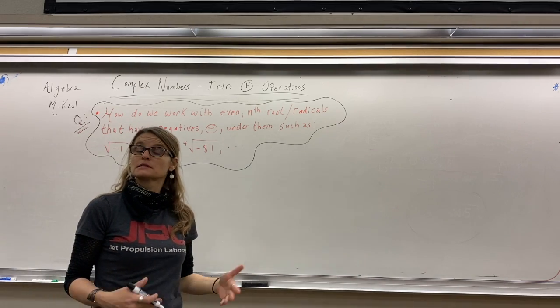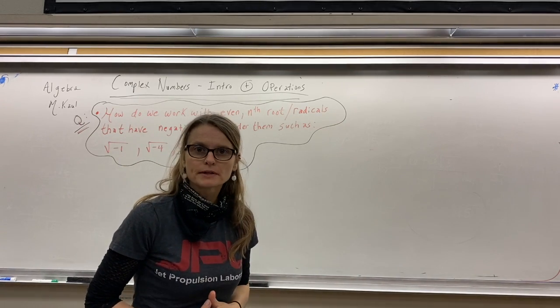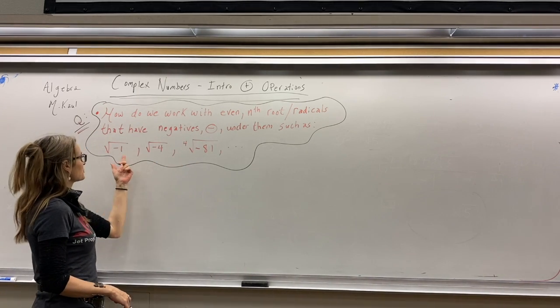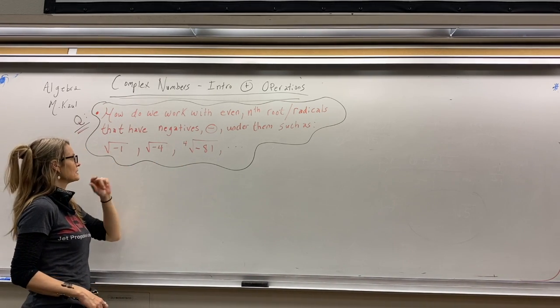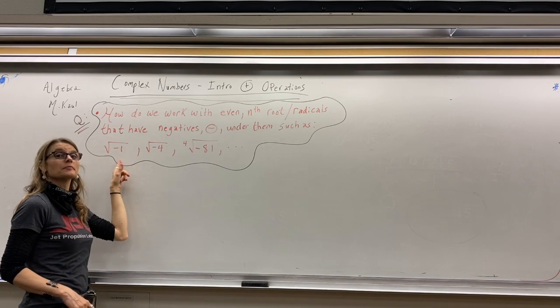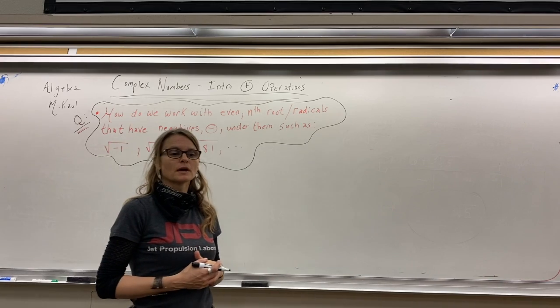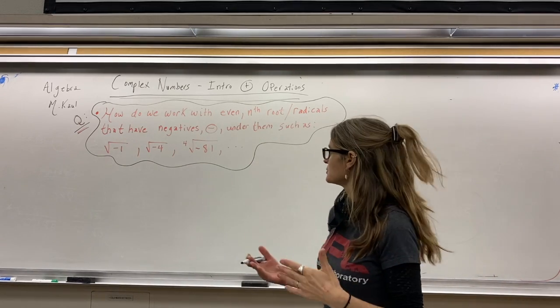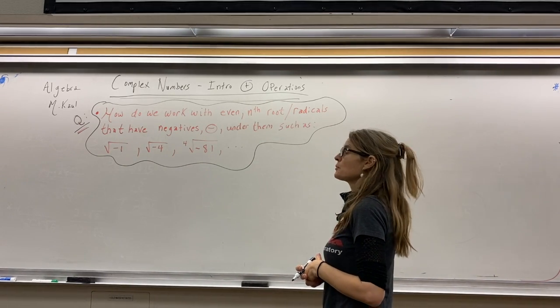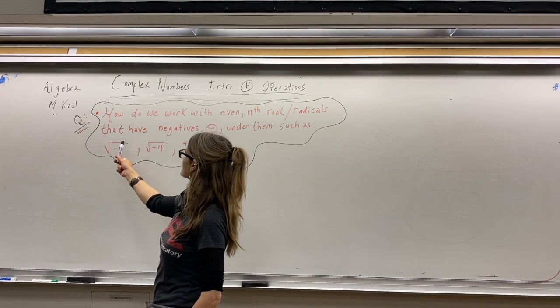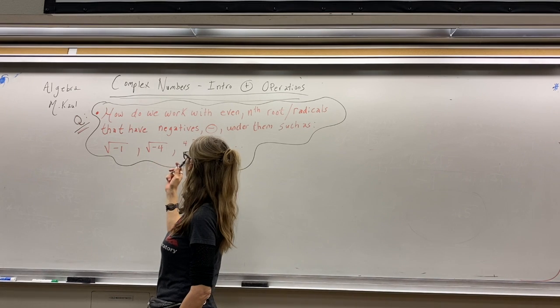Well, previously we'd say, no, that's not a real number, and we'd stop. In the world of applications, in the world of math, we need to be able to invent a system where we can actually work with these. So that's where the complex numbers came from. Instead of saying stop, we can't do anything further, we came up with a system of working with negatives under even roots.